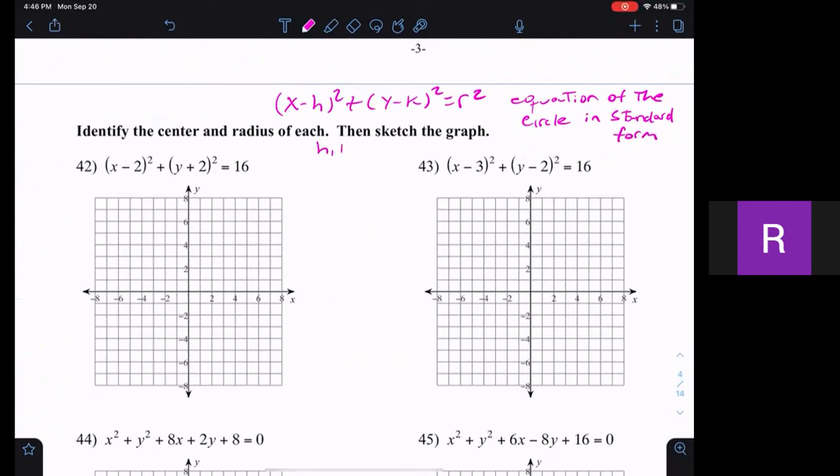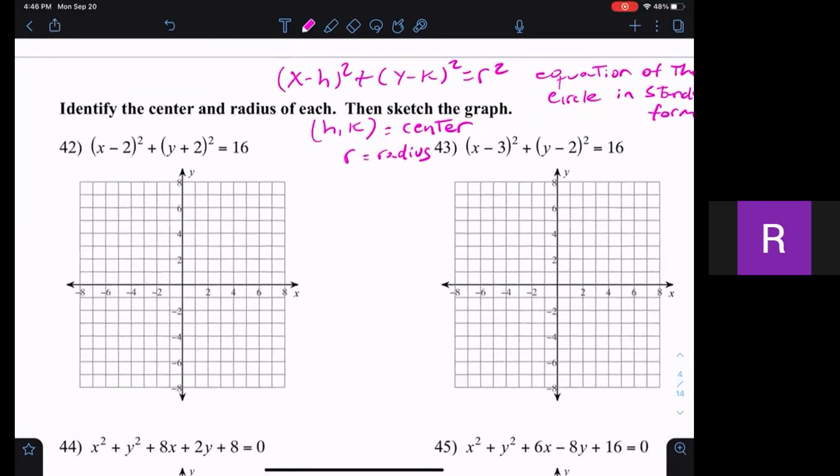So h, k is the center, okay? And r is the radius. So now let's identify the center and the radius. So here h, k is basically, you can think about whatever is here, the opposite sign. So h is 2 and k is -2.